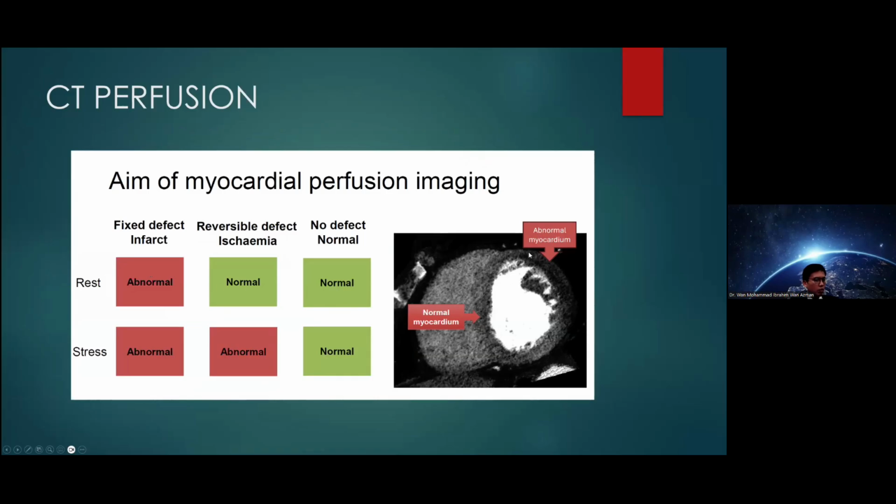We want to look for fixed infarct: if the area is present during both rest and stress, it means it's infarcted. However, if it only appears on stress and disappears on rest, it means the patient has reversible ischemia. And if there are no hypoattenuated areas, it's a normal study.